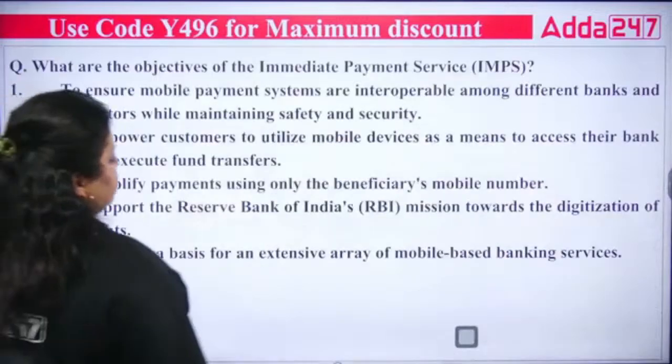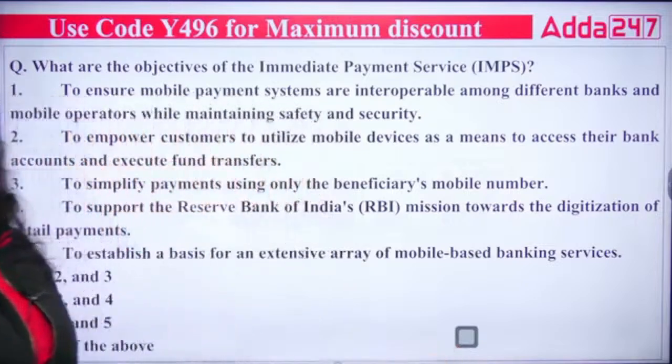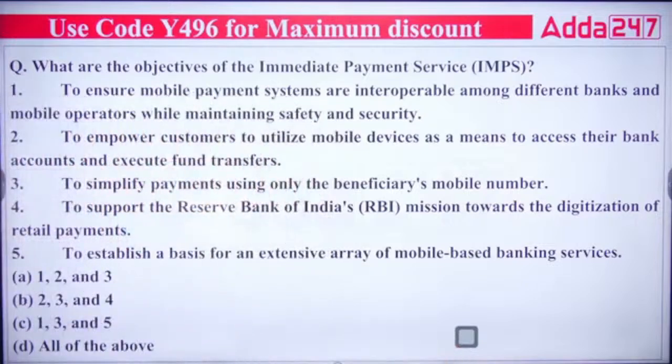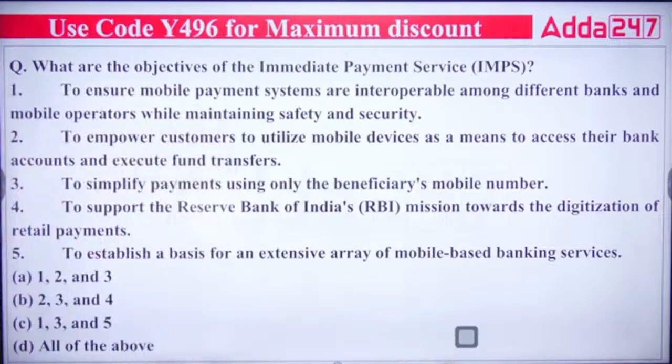What are the objectives of IMPS? First of all, remember IMPS is actually managed by NPCI. First is saying to ensure mobile payment systems are interoperable among different banks and mobile operators while maintaining safety and security. Second, to ensure customers can utilize mobile devices as a means to access their bank account and execute fund transfers.